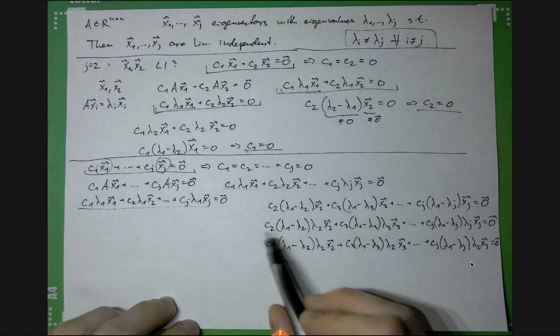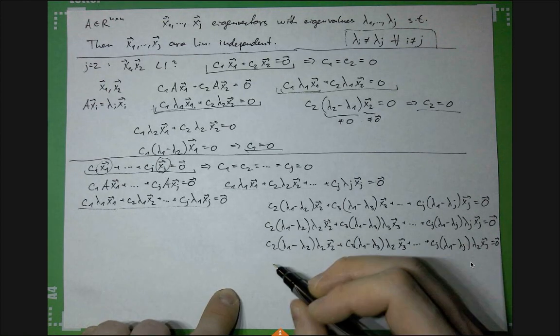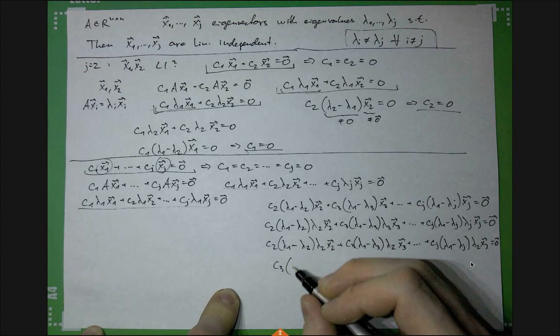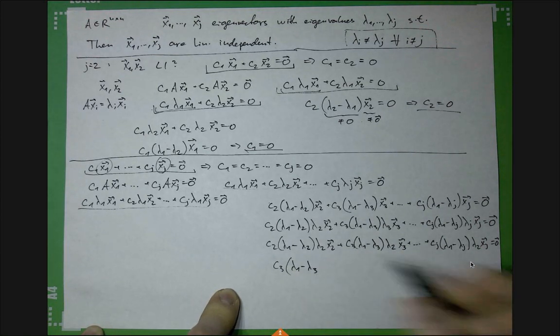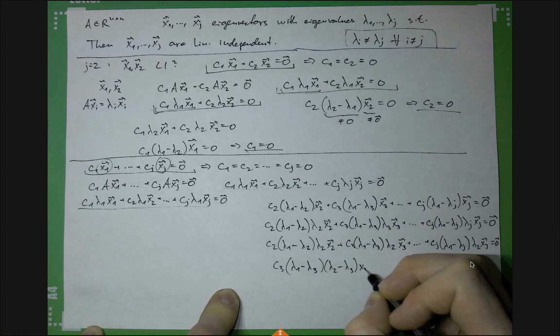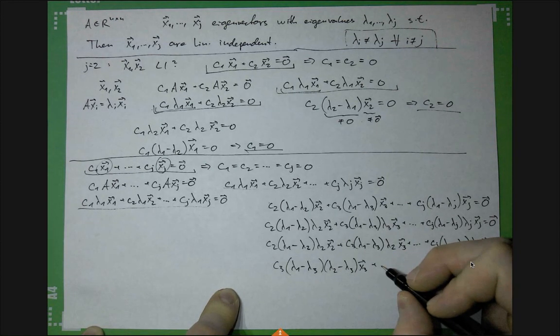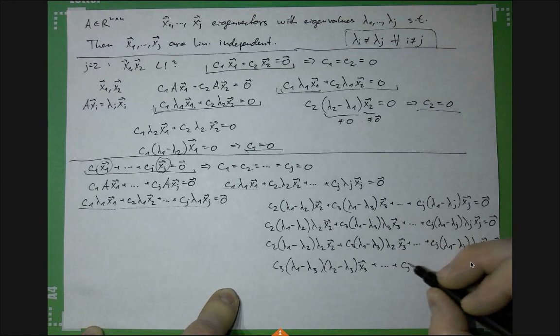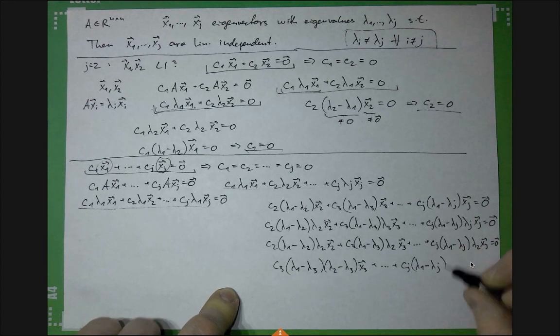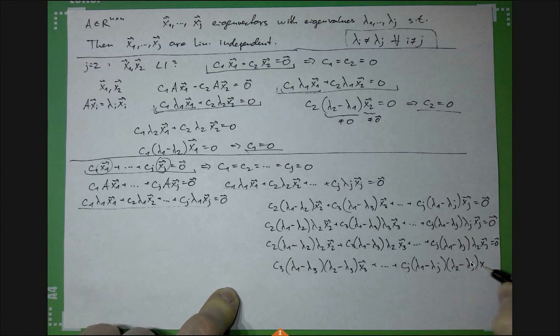And now guess what? Now I subtract them. So I will get C3, and what is the coefficient here? It's (lambda 1 minus lambda 3)(lambda 2 minus lambda 3) x3. And there it continues up to some Cj (lambda 1 minus lambda j)(lambda 2 minus lambda j) xj is 0.